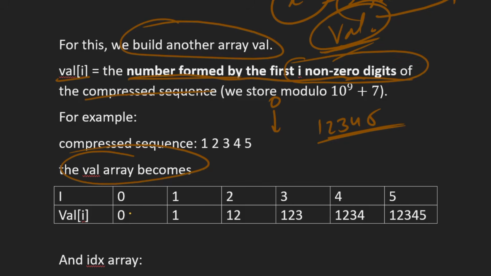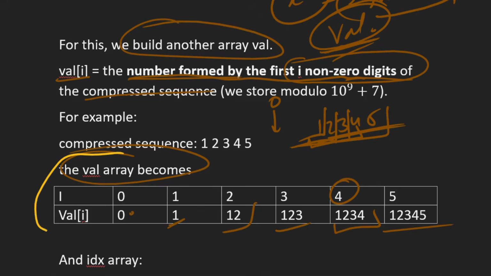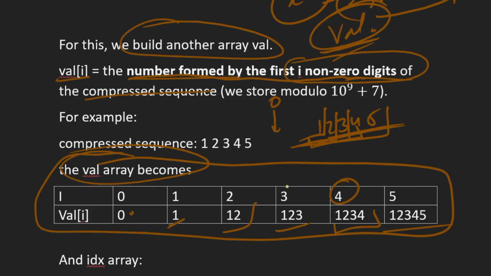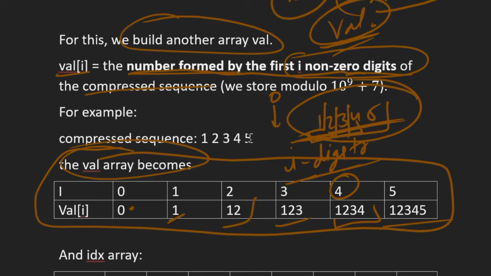It will be 0. Then if we take the first digit, it is 1, then 12, then if we take the first three digits, 123, first four digits, 1234, and first five digits, 12345. So this value array stores the numbers formed by the first i digits of the compressed sequence.